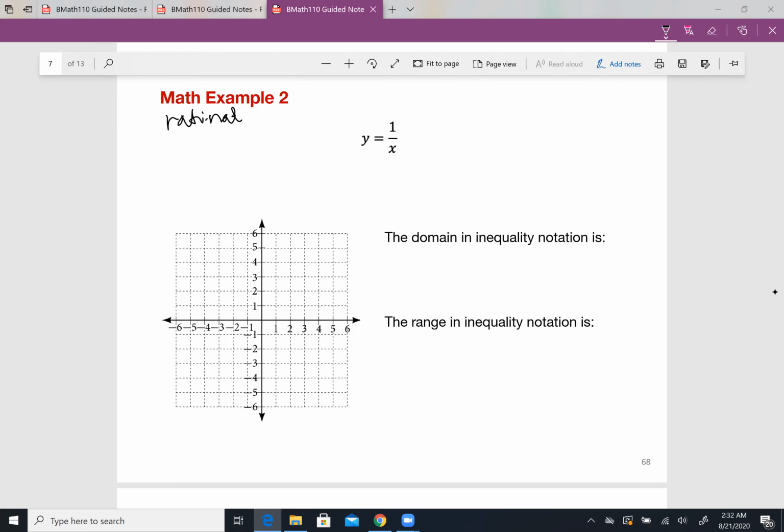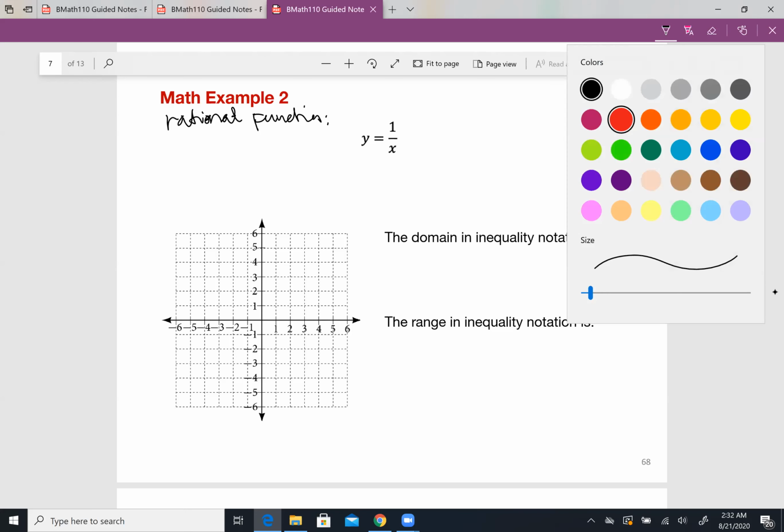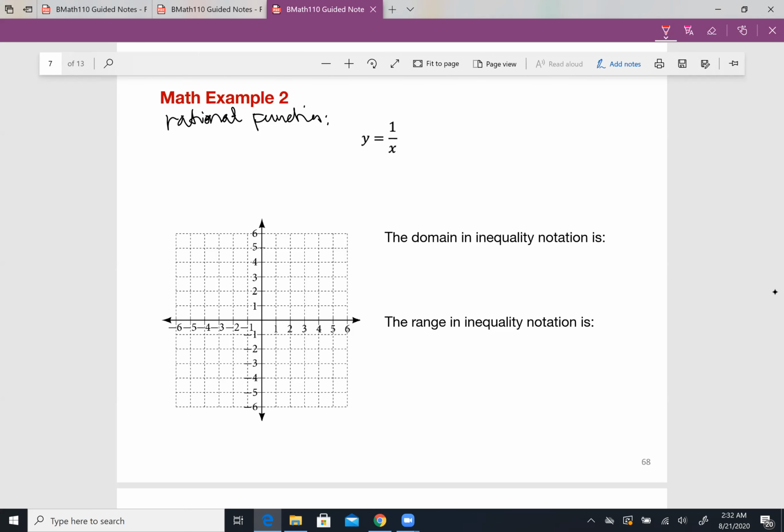In order to make the rational function defined, you need to know that the denominator has to be not equal to 0. What is the denominator?